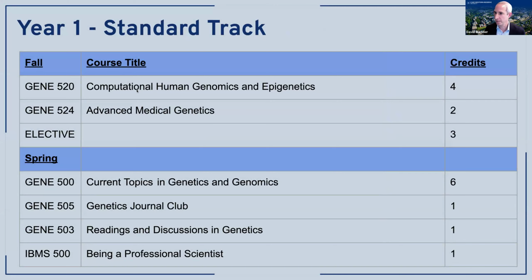Every course has genetics and genomics as a fundamental part of that class. The computational human genomics program is learning different algorithms, different computational ways to do it, but it's all specifically directed at human genetics and epigenetics research problems.